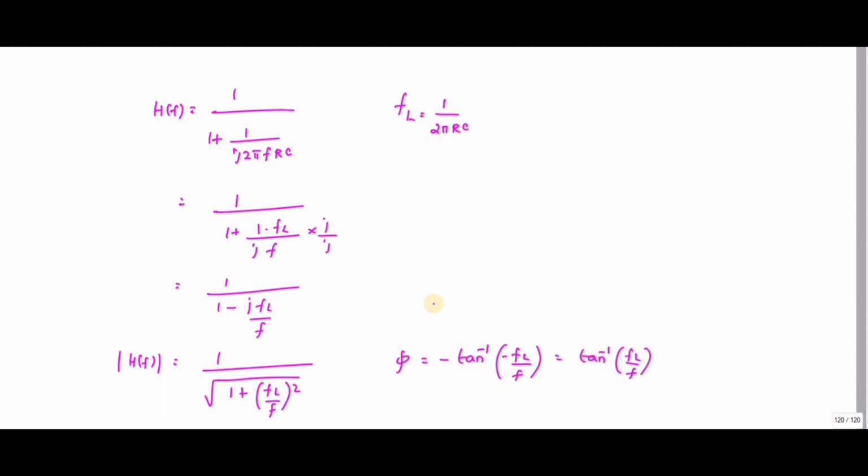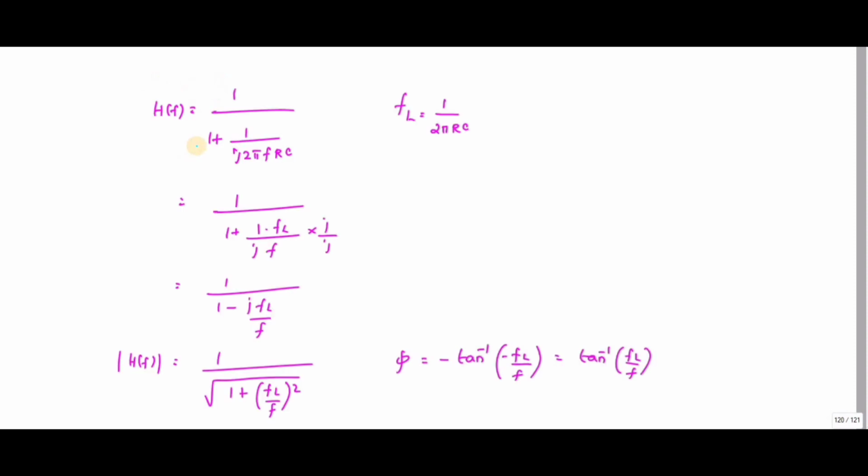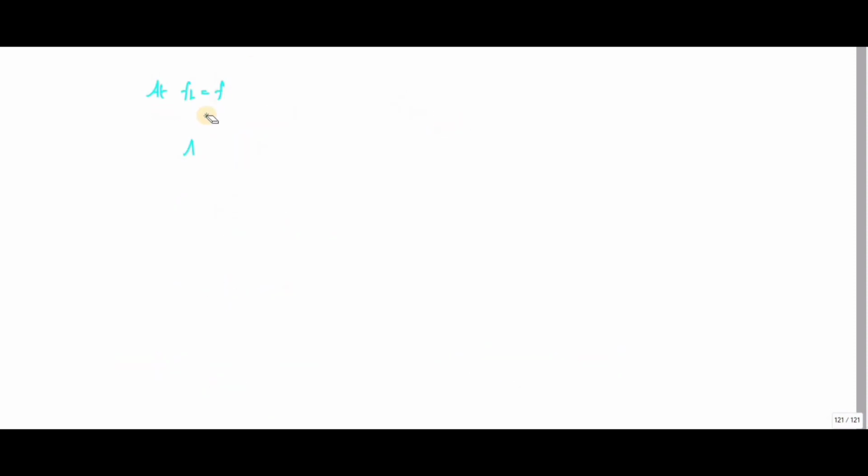So at FL equal to F, if I substitute in this formula, I will get H of F equal to 1 divided by root 2, right? And in the phase formula, I will get tan inverse of 1, which is nothing but 45 degrees, right?